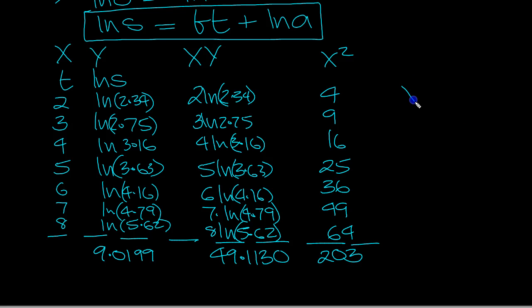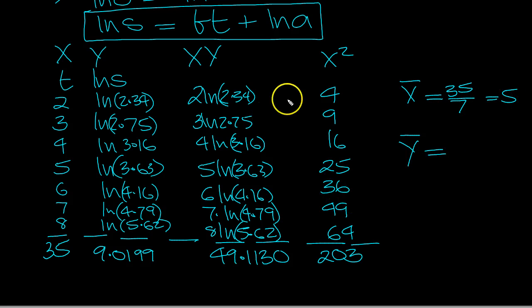Okay, now we need x bar, and we need y bar, don't we? Also, x bar, sum the x's, divide by the numbers. Sum of the x's, 5, 9, 14, 20, and 15 is 35. So that's 35 over 7, which is 5.